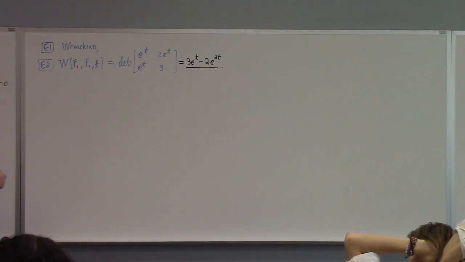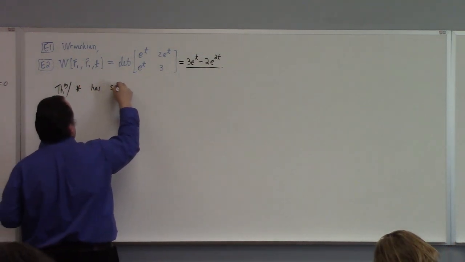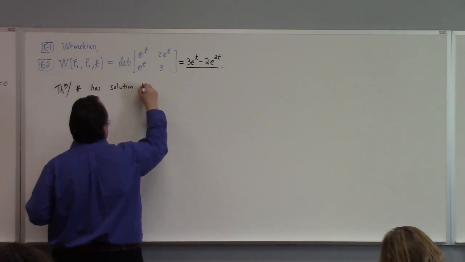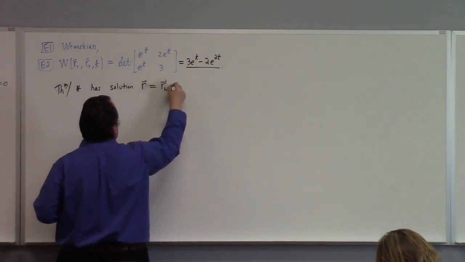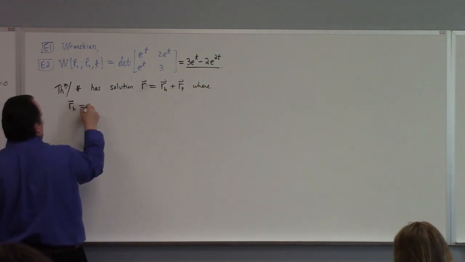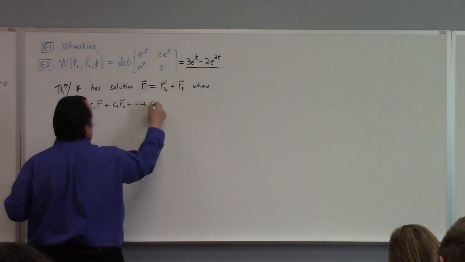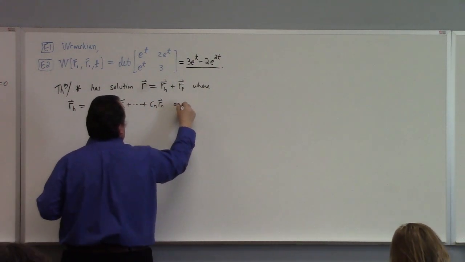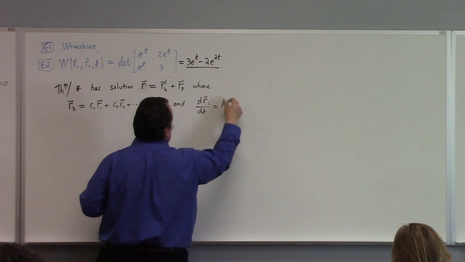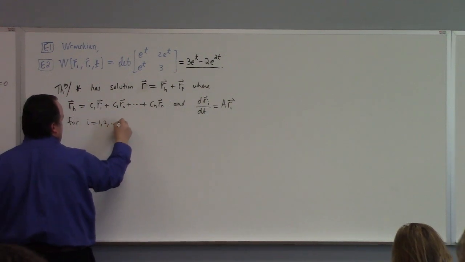Now, here's the theorem. Star has solution R equals R_H plus R_P, where R_H is equal to C1 R1 plus C2 R2 plus ... plus Cn Rn, and dR_i/dt is equal to A R_i for i equals 1 to n.